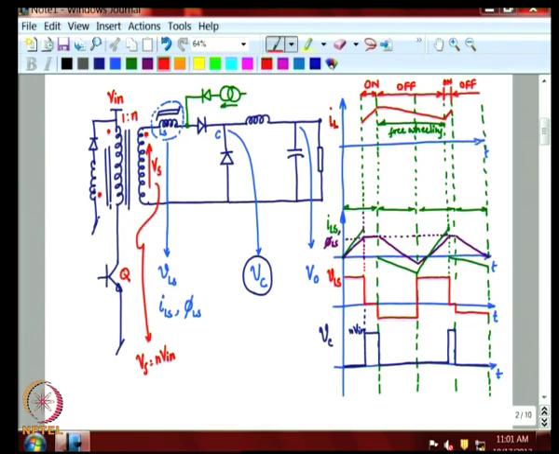So, on, and it would be in this fashion. During this time, the inductor current will become the current for ILS. So, ILS will take on a shape like this. Let us say it goes like this. I will erase this portion.